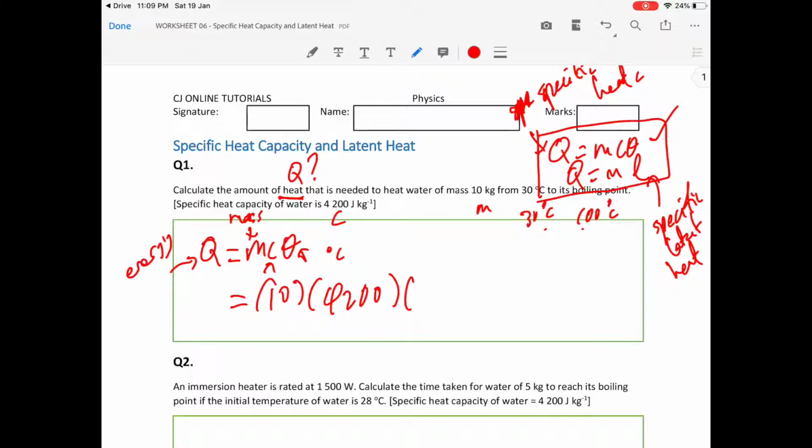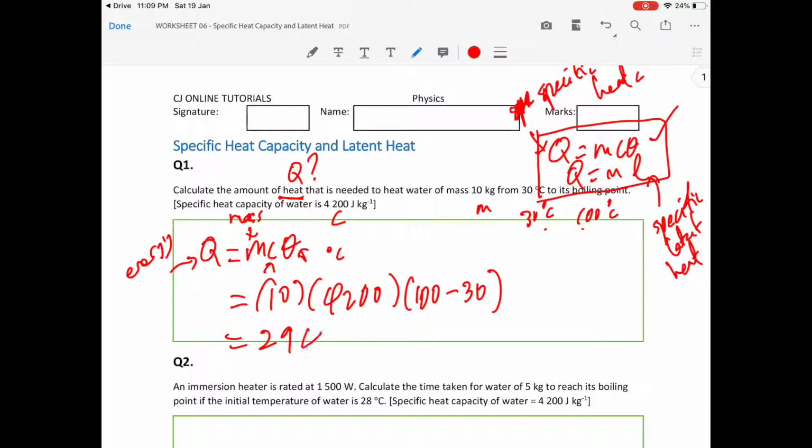It doesn't matter which one comes first, whether you're boiling or cooling, always take the bigger minus the smaller one. Of course it's not so simple as that, but for your level, just assume that. So plug into your calculator, 10 times 4,200 times 70.